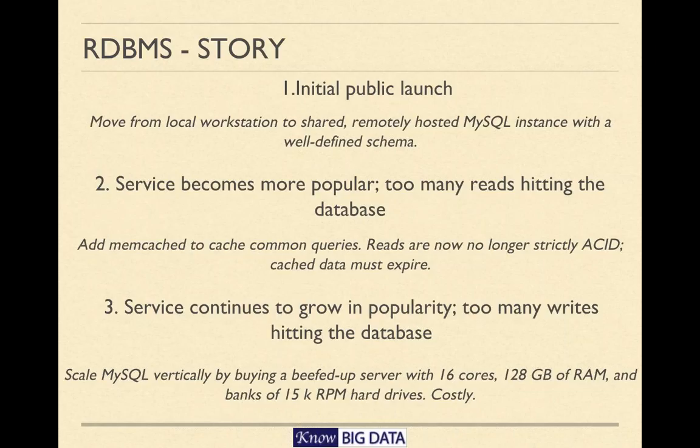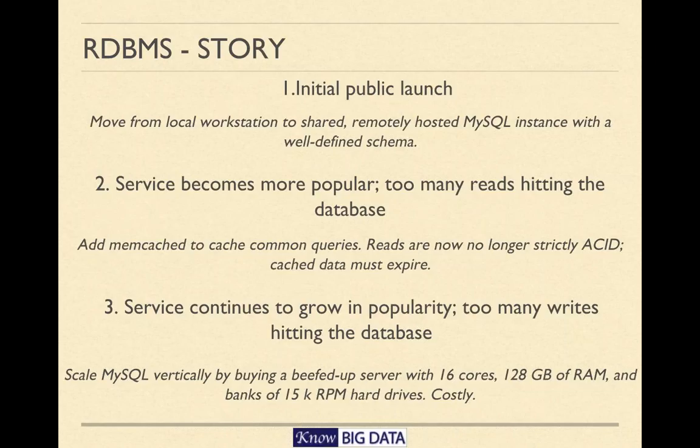Third, the service continues to grow and too many writes are hitting the database. Not a big problem. All we do is we beef up our MySQL server. We put lots of hardware in your database. You put in 16 cores and 128 GB RAM.